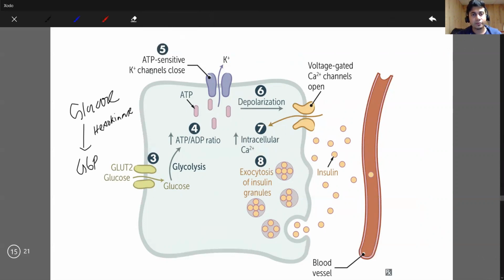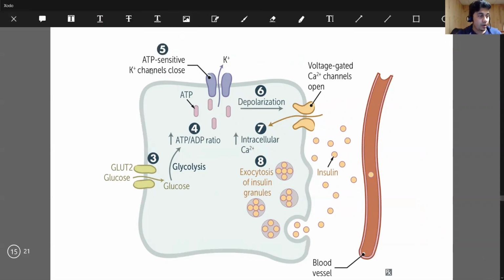And in this pancreatic beta cell, a different version of hexokinase works. That enzyme name is not hexokinase, the enzyme name is glucokinase. That means in your pancreatic beta cell, instead of hexokinase, there is glucokinase. And I hope you know from your knowledge of biochemistry that this enzyme has a lower affinity for its substrate.